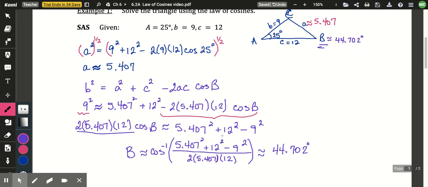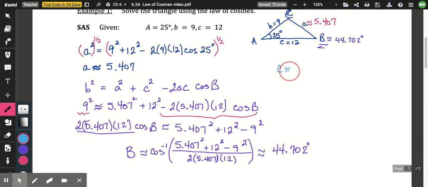Okay, now I could do the same thing again to find angle C, but for the sake of brevity here and because we're working with inferior tools, the scientific calculators rather than our Inspire graphing calculators, to find angle C, I just want to use the fact that the sum of the three angles of a triangle is 180 degrees.